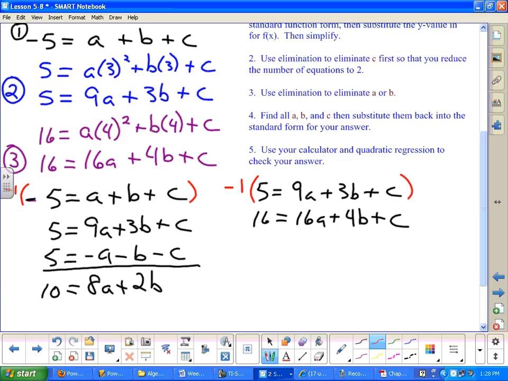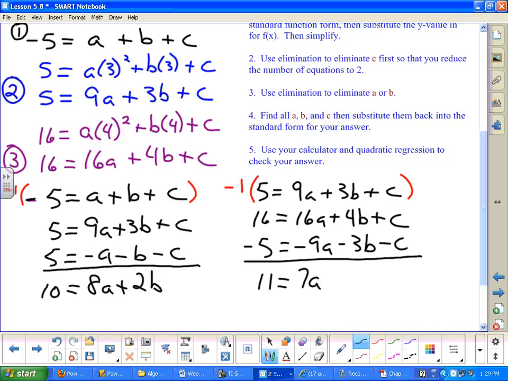Why do I want to do the first equation, not the second one? Or doesn't it matter? Okay, smaller numbers, that's right. So when we combine them, I get positive values. So we get -5 equals -9a minus 3b minus c. So we have 11 equals 7a plus b.